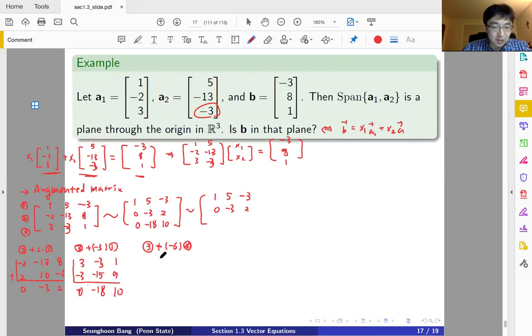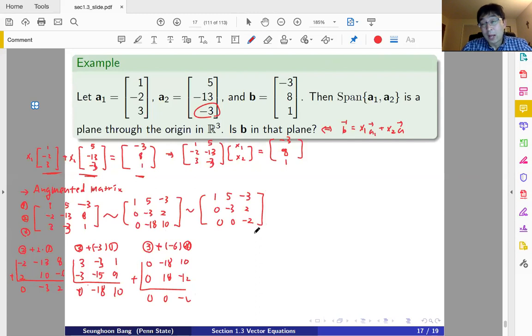The third row is 0, minus 18, 10. The negative 6 times 0 is 0, negative 6 times negative 3 is positive 18, and negative 6 times 2 is negative 12. You add them and we have 0, 0, minus 2.